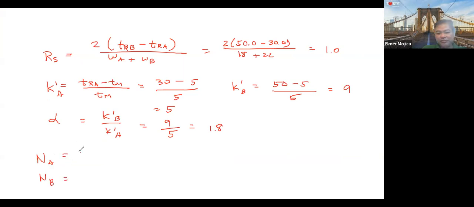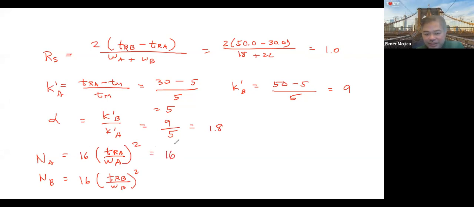So usually what do you have there? The 16 times the retention time over the area. And then this one 16 also tR over W, and you put their squared. And then you have what? 16. So you have this one 30 over, is that 18?